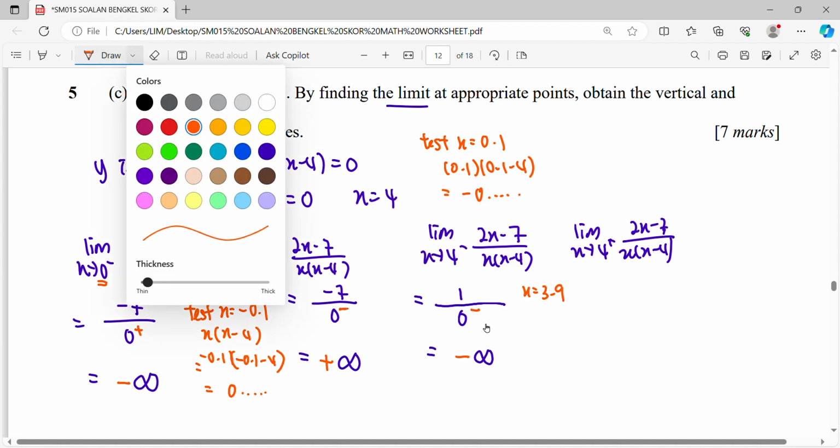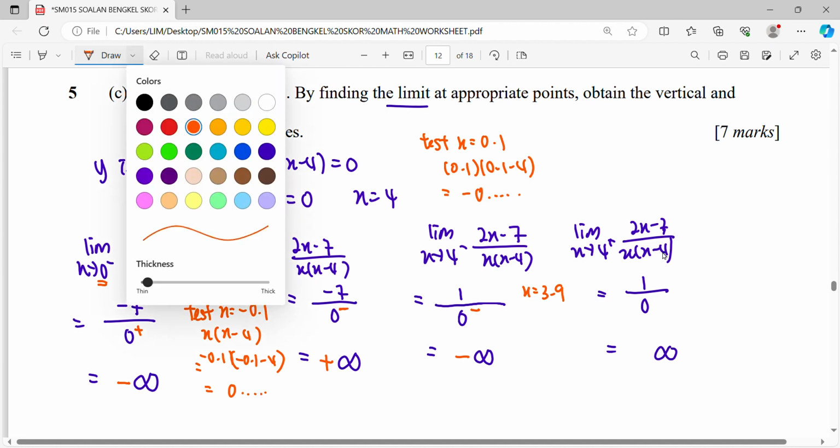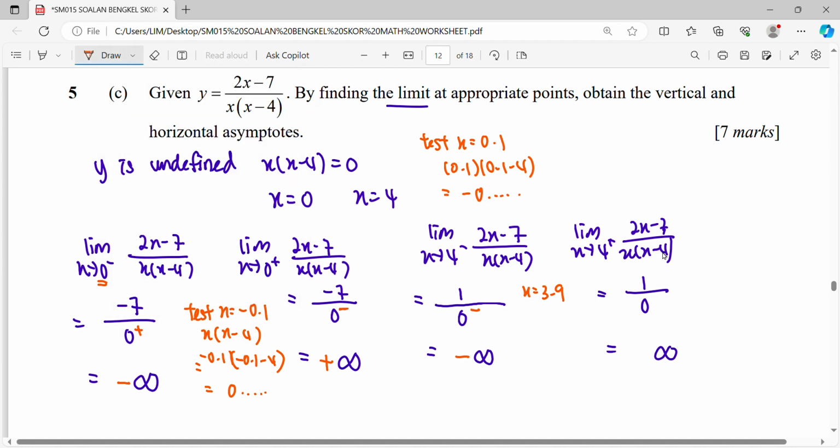Again, that is 4 times we have done. Once more, limit, substitute for 8 minus 7, 1. 4 minus 4, 0. So 1 over 0, infinity. To know whether the infinity is positive or negative, test 4 from the right hand side, you put 4.1.